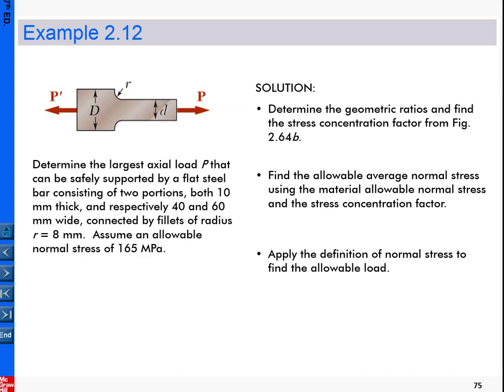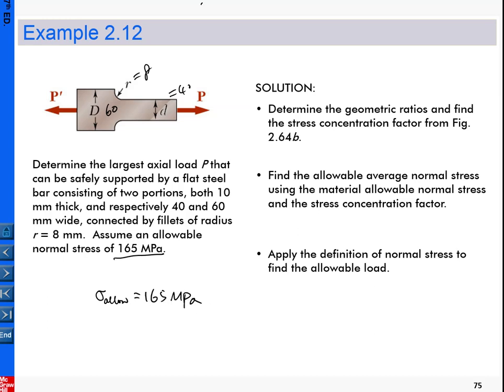So we can look at this example here. We are given D equal to 60, smaller d is 40, and r equal to 8. The allowable stress is 165 MPa.